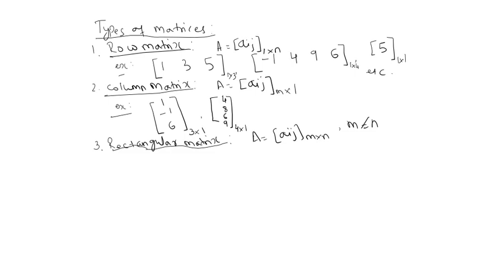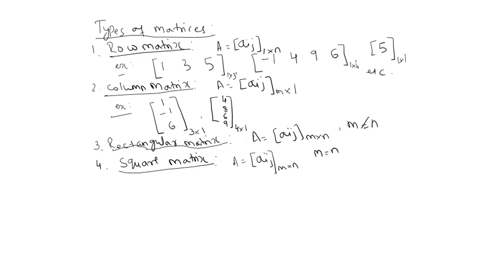Next is square matrix. Square matrix means, as the name indicates, row and column are equal. That is, if we are having A equal to Aij, whose order is m by n, we call it a square matrix if m equal to n.